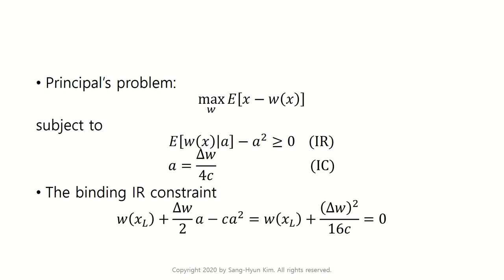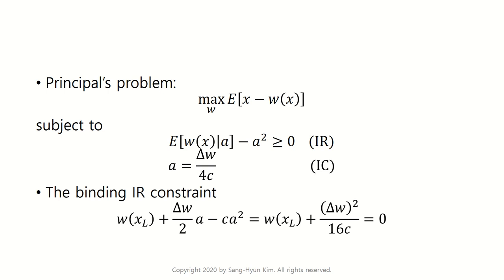The first constraint makes sure that the agent accepts the offer, right? The left-hand side of the inequality is the expected utility of the agent when taking this offer. There is a typo. At the effort cost, there must be C in front of A squared. Just write C in front of A squared.